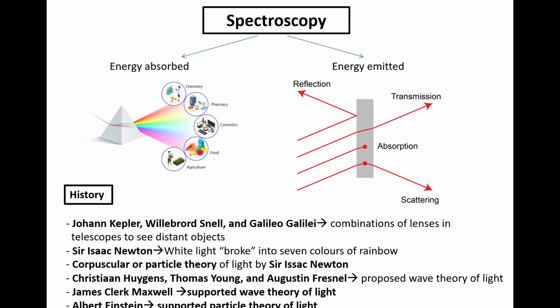Spectroscopy mainly has two arms: energy absorbed and energy emitted. Energy absorbed means, as we will also discuss today, if you consider an atom, inside it there are protons, neutrons and electrons. Electrons revolve around the nucleus, which is composed of protons and neutrons, in certain orbits, each of some energy level, quantized by quantum theory, as you know from class 12.